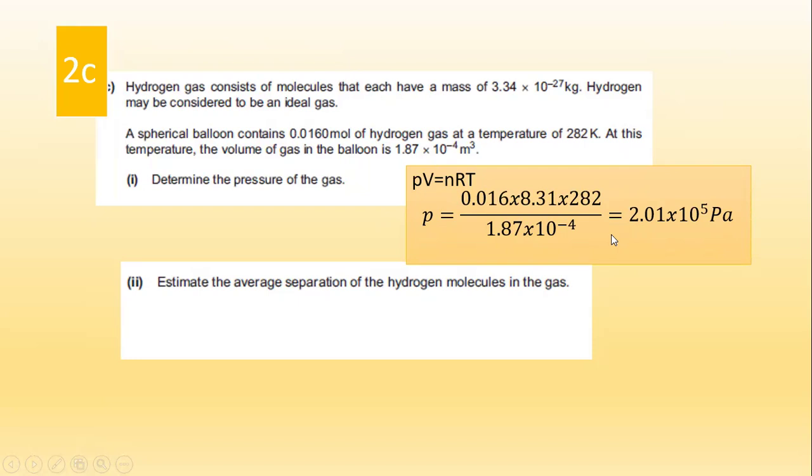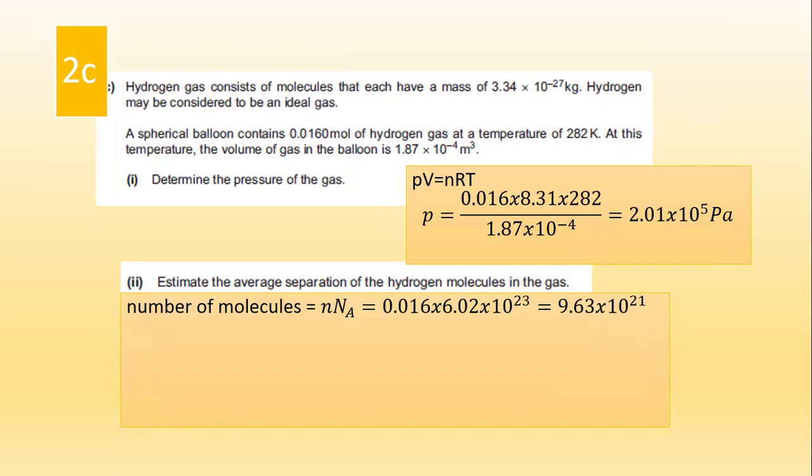Estimate the average separation of the hydrogen molecules in the gas. It's not mentioned in the syllabus now, though previously it was, but they can push the syllabus to extreme. So imagine here, the volume occupied divided by the number of molecules, then cube root it to find the separation.